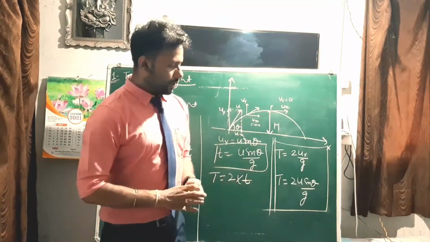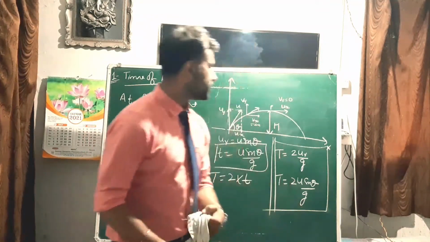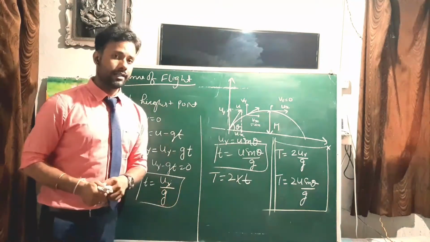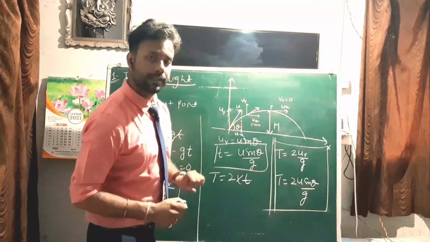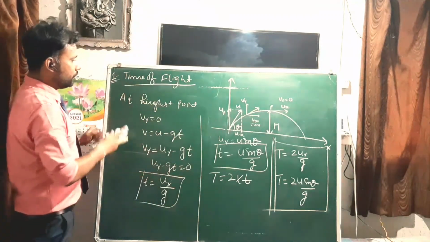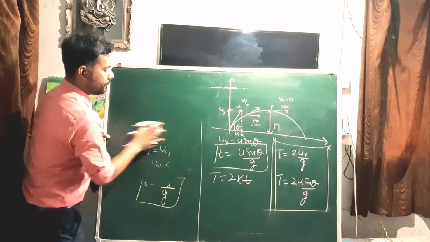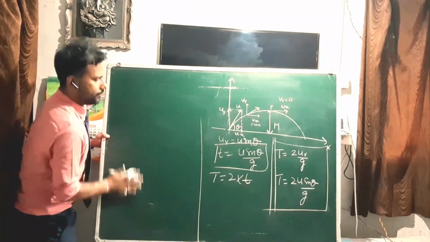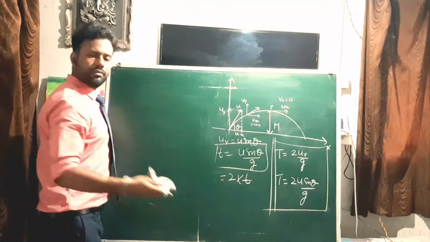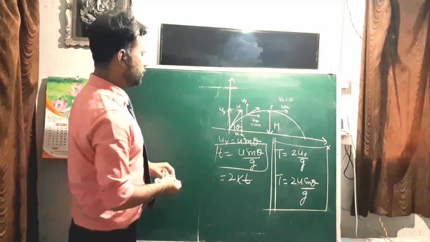Okay. Now let us find out the maximum height attained by the projectile. Let's see how we can calculate this. To find this, we'll use the equations of motion. There's no problem in it.